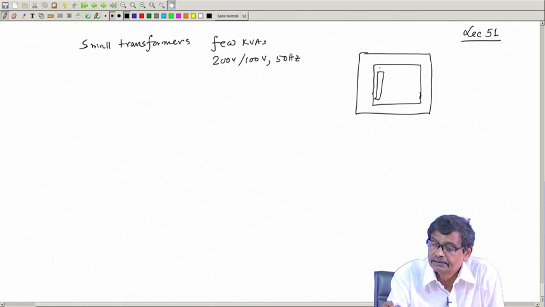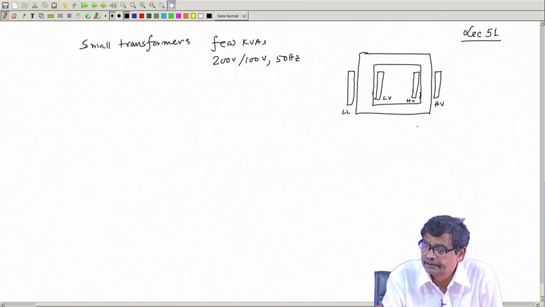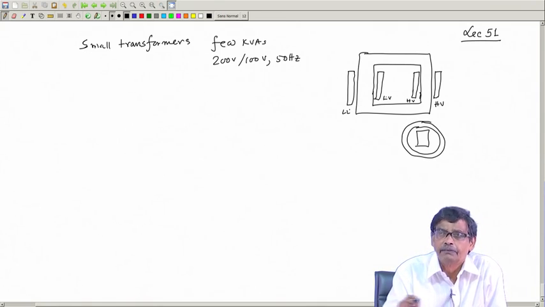This is, suppose, LV windings, sectional view, and this may be your HV side, HV, core type, and this is the sectional view. Windings are, if you see from the top, these HV windings are like this around the core. Similarly for the LV side.